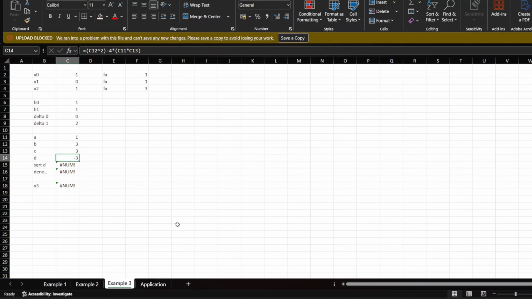Okay, coming to example 3, because the Mueller method is especially for complex roots, we can see that we are using three points, which are x0 equals minus 1, x1 equals 0, and x2 equals 1. Until we get D equals minus 3, because we are using the square root, the square root of minus 3 is not a real root, there is an imaginary root. So there will be errors from here.